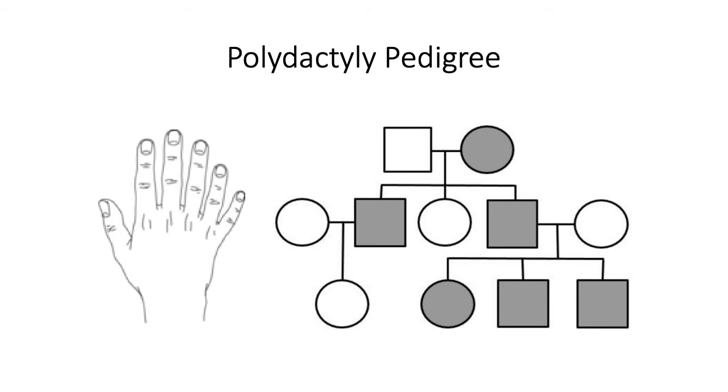We are looking at a gene that can cause polydactyly. Let's call the allele of the gene that causes polydactyly big P and the allele of the gene that does not cause polydactyly little p. Remember that the circles and squares that are not filled in represent individuals that do not have the trait.